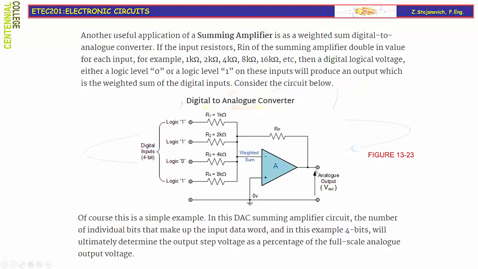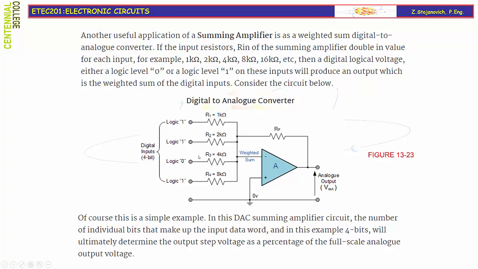Of course, this is a simple example. In this DAC summing amplifier circuit, the number of individual bits that make up the input data is only 4 bits, but it will ultimately determine the output step voltage as a percentage of the full scale of the analog output voltage. Practically, what that means is that different logical levels will have a different contribution to the output, and I will have a unique analog value.